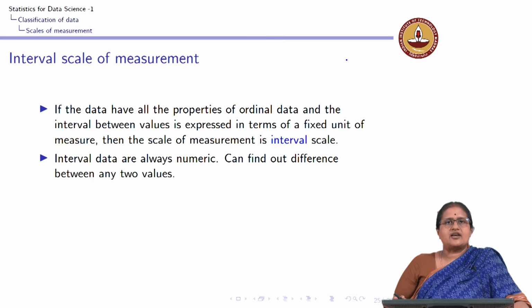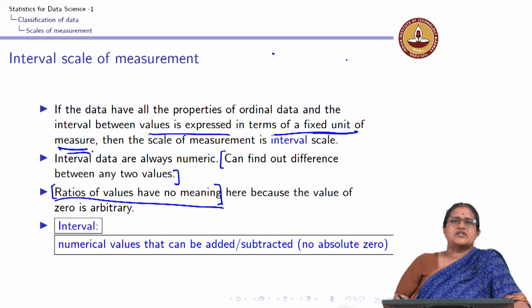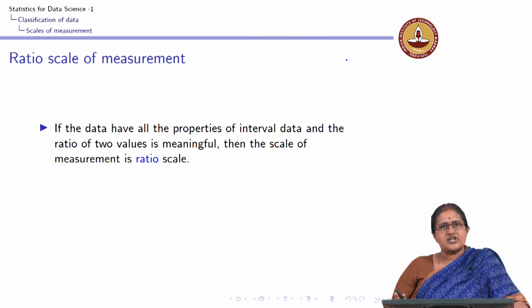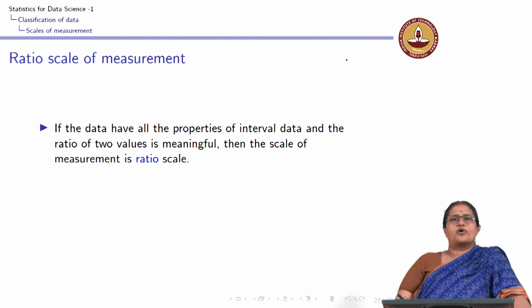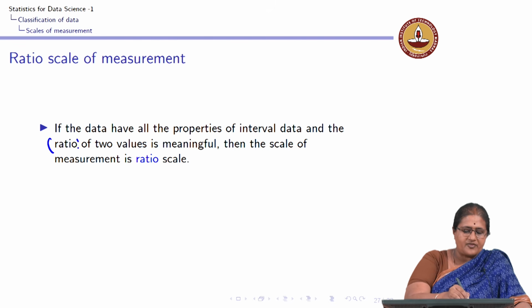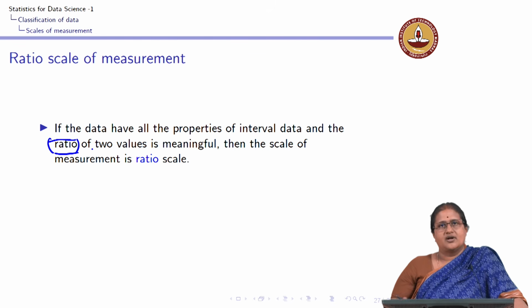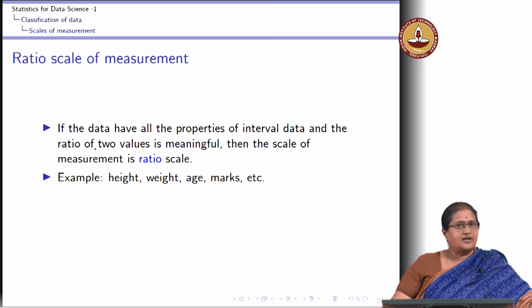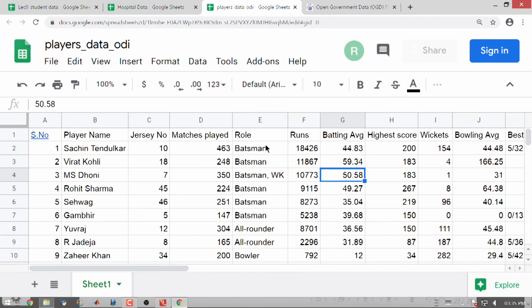The last scale of measurement is what we refer to as the ratio scale of measurement. A ratio scale has all properties of interval data, and the ratio is a very meaningful measure. Examples are height, weight, marks.